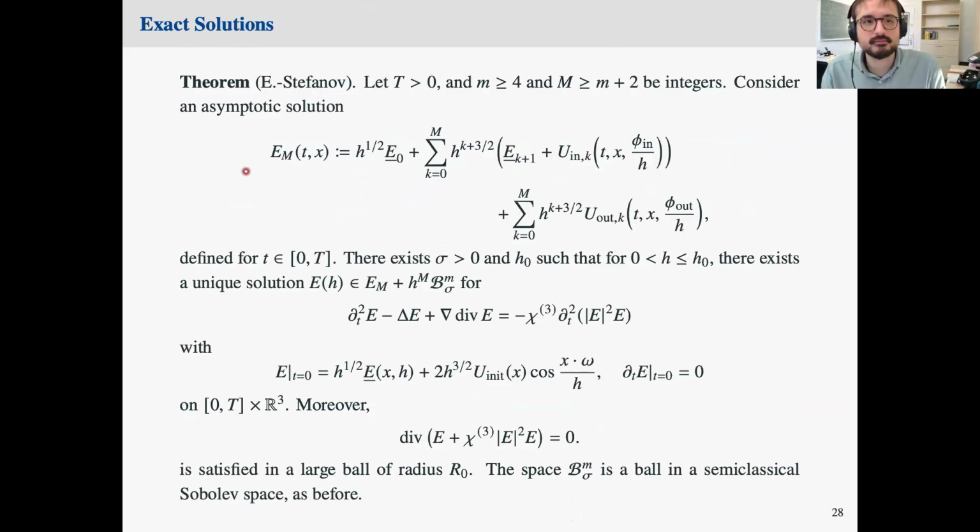And then, well, we want to pass to exact solutions, and it turns out that if you consider an asymptotic solution of this form, so you solve the equations for high enough order in an a priori fixed amount of time, then again with the help of the theorem of Guès, you can say that there exists a unique solution for your initial equation in a certain neighborhood, with the initial conditions that we said before, and satisfying the divergence-free condition that we wanted, at least in a big enough ball. And also, the leading order profiles are what they are supposed to be.